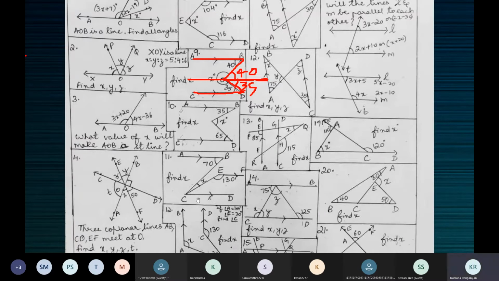Okay, how many of you found the value of x? What is x, Kanishka? Ma'am, is it minus 60 degrees? Kanishka, how can the magnitude of an angle be negative? Satvika, what did you get? Ma'am, I got 20 degrees.